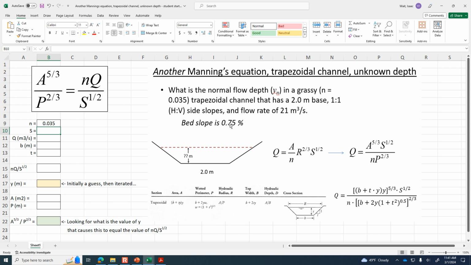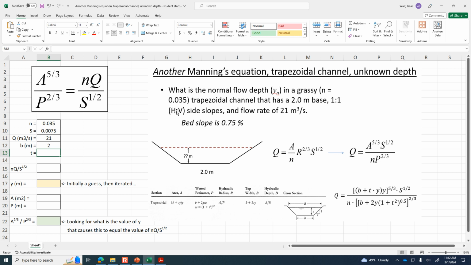So for 0.75%, that means it's 0.75 divided by 100, or in other words, 0.0075 for the slope. The flow rate, we're going to be passing 21 cubic meters per second through the channel, and we want to find out what's the corresponding depth for that given flow rate. We see from the diagram that the bottom width is 2 meters, and then the side slopes are defined as 1-to-1 side slopes.